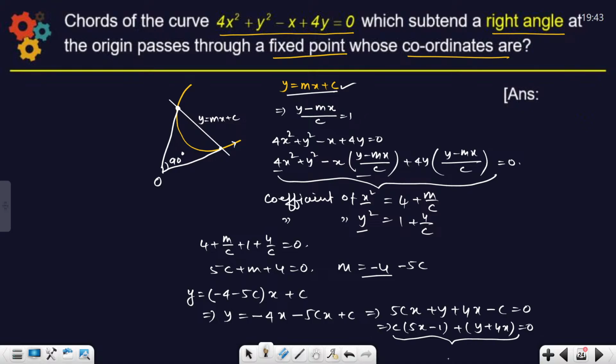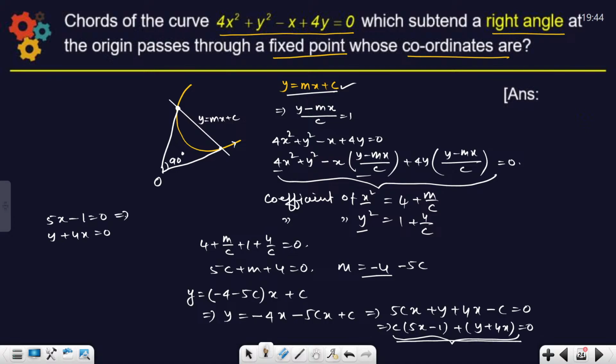So what we know is that this is a family of lines passing through the point of intersection of this line and this line. Can you remember? If not, please do revise my previous lectures; until and unless you revise, you won't be able to understand. I have thoroughly described it there in family of lines.